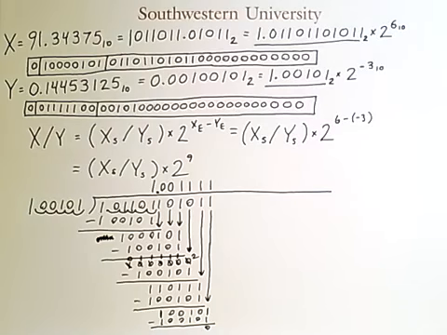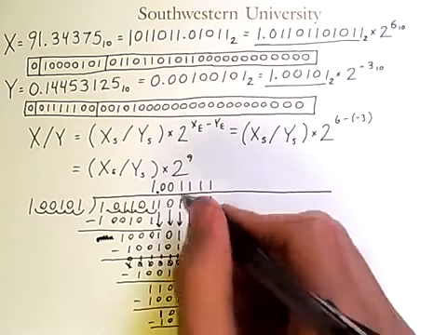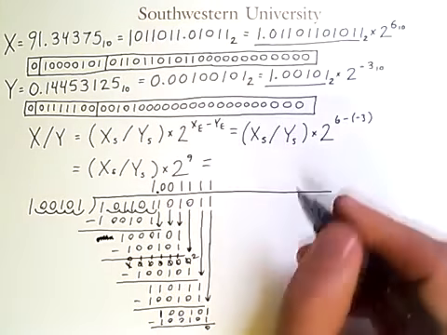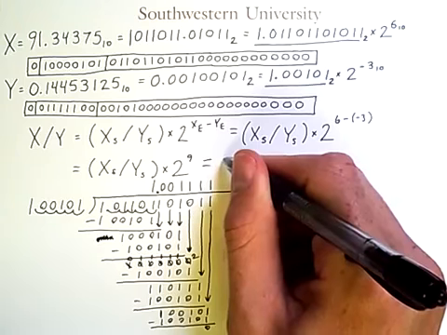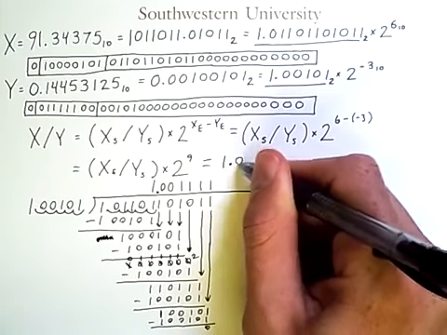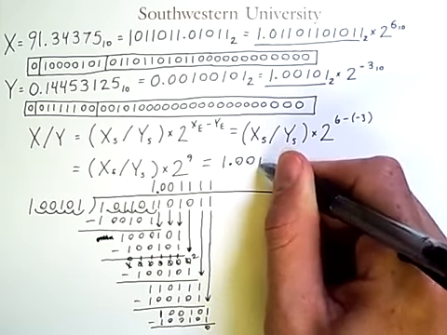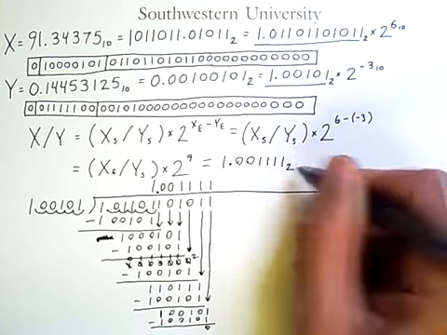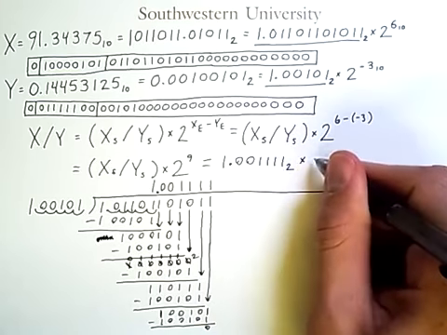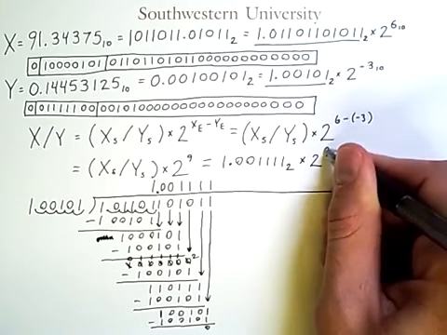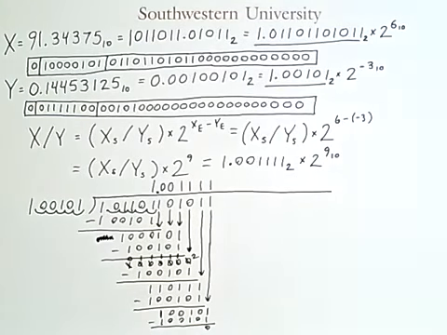But in this case, the division works out nice and evenly. So this is my result, and that means that this result comes out to 1.001111, that's in base 2, of course, times 2 to the 9, which is in base 10.